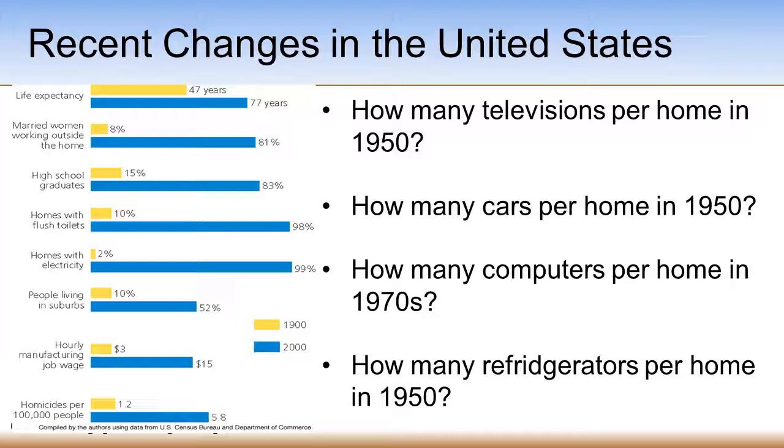How many televisions do you think there were in each home back in the 1950s? Well, the number of TVs increased from 0.4% in 1948 to 55% in 1954. So there was a short period of time where TVs became very popular, and it went from hardly anybody having a TV to more than 50% of the population had TVs, and this was back in 1954.